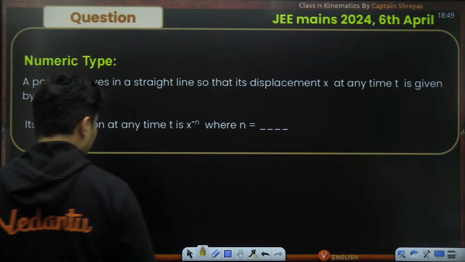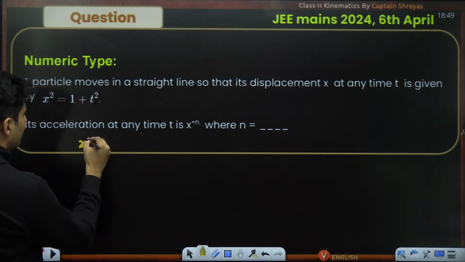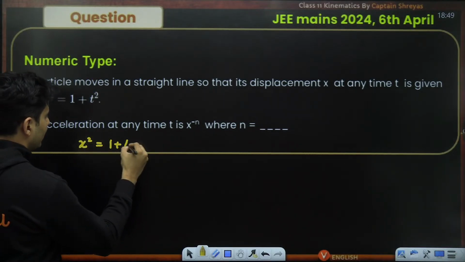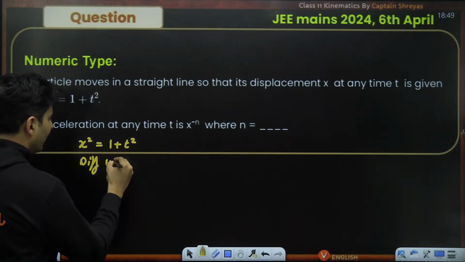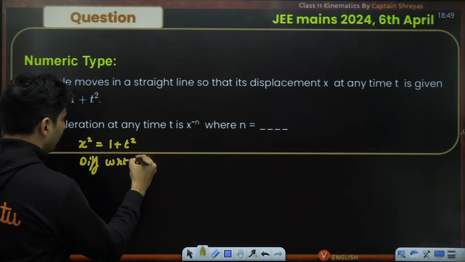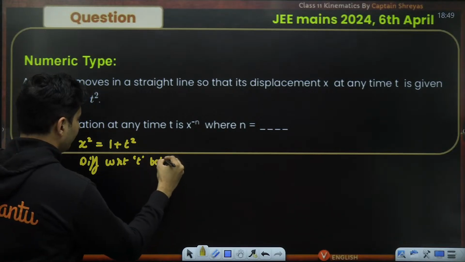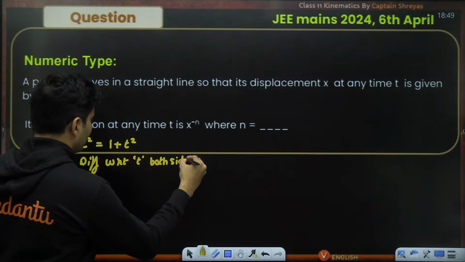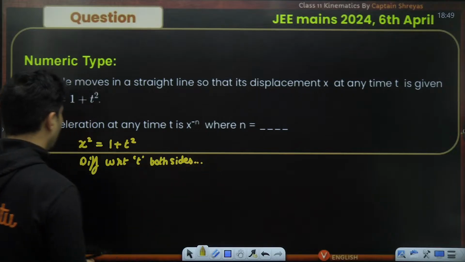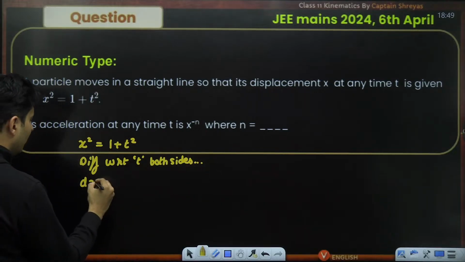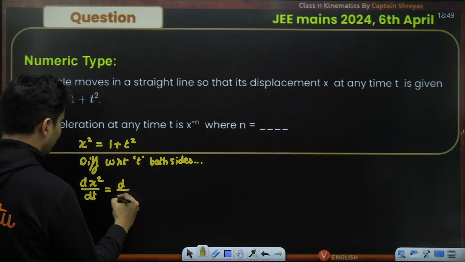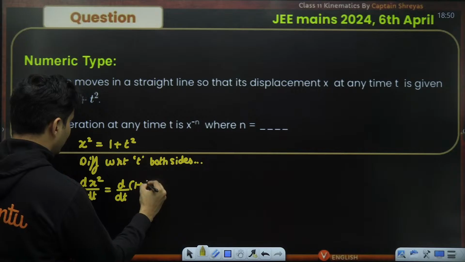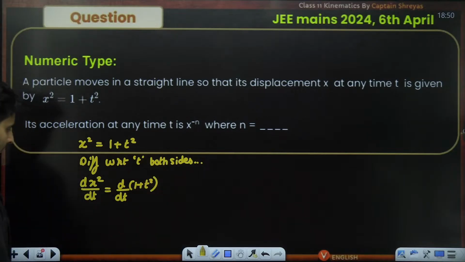So I have an idea. See, I have x square is 1 plus t square. Differentiate with respect to time on both sides. See, what do you get? Derivative of x square with respect to time is derivative of 1 plus t square with respect to time.